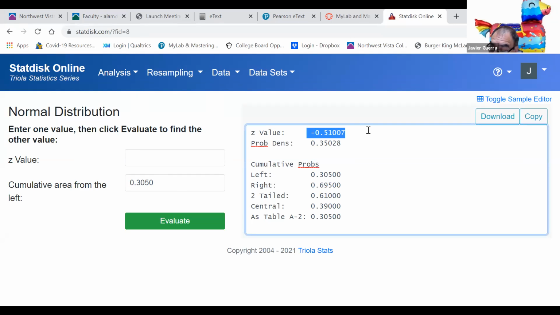I'm going to write it, and don't forget to include your negative. So my answer for my Z is negative 0.51007. And you type that in, or you write that on your paper, and you're done. The end.